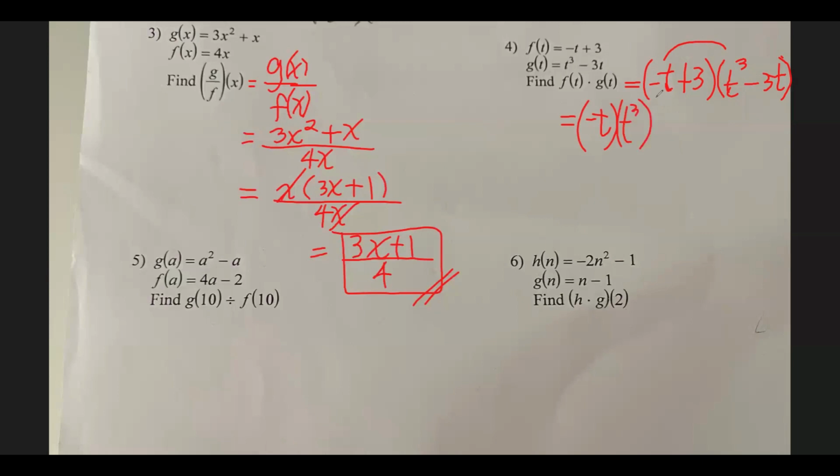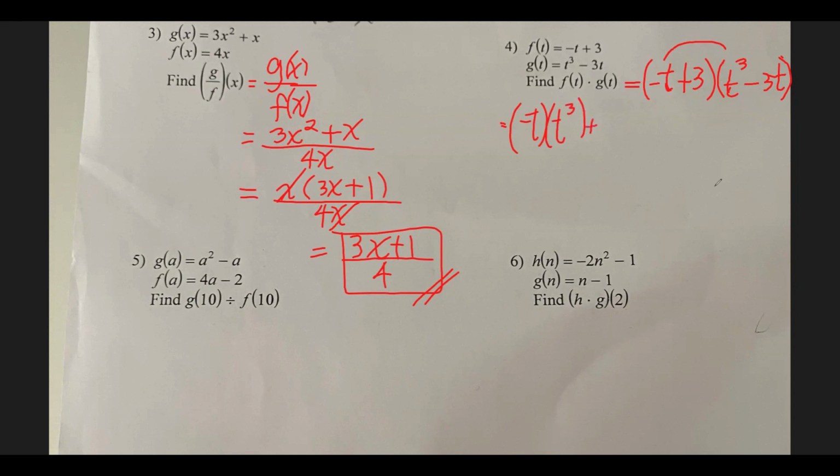Okay. Then let's write addition. Next, let's move to the left so we have space. So let's have negative t times t cubed.